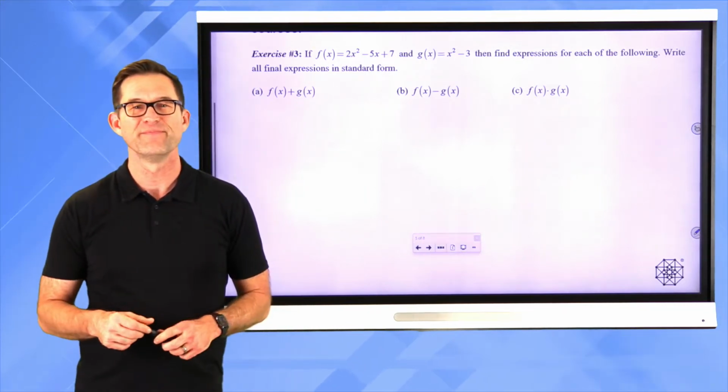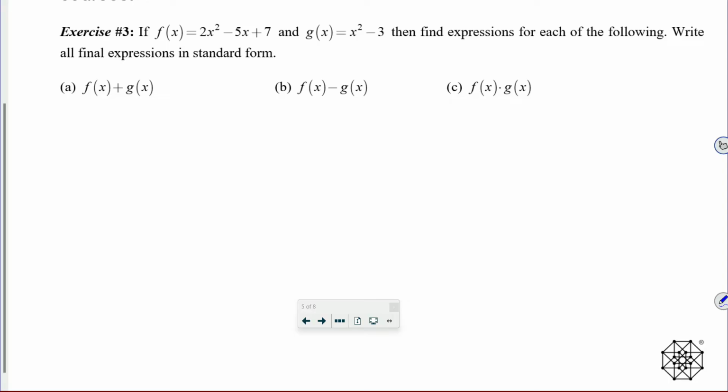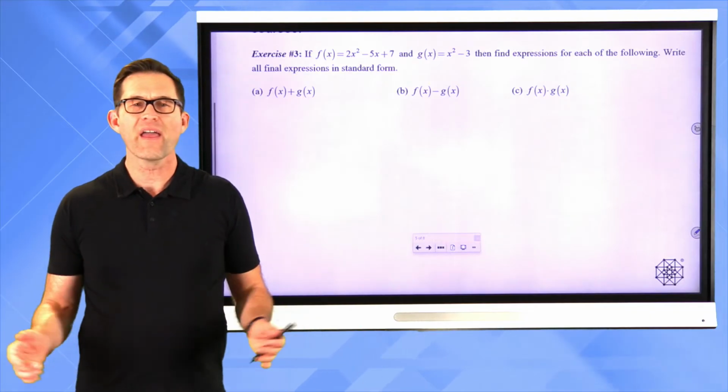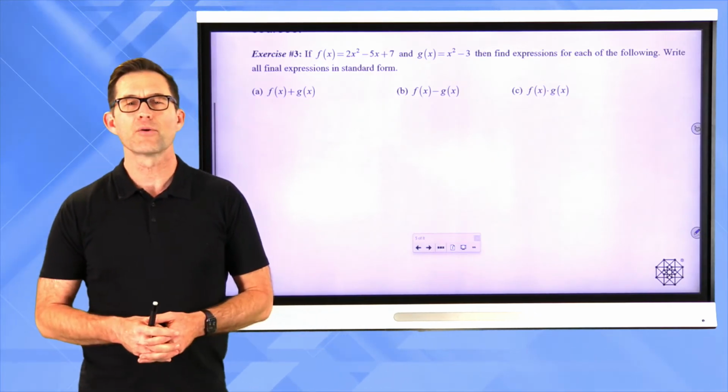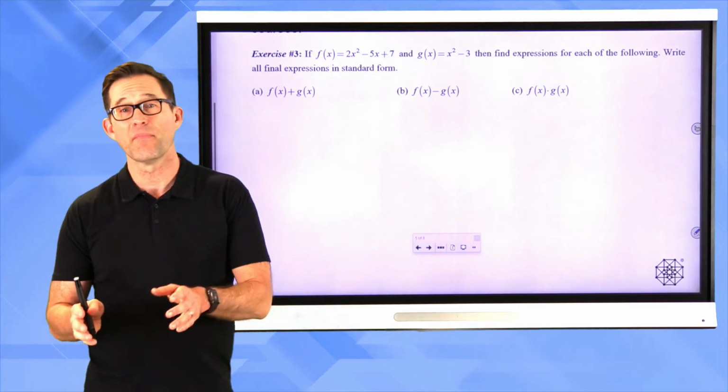Exercise number 3. If f of x equals 2x squared minus 5x plus 7, and g of x equals x squared minus 3, then find expressions for each of the following. Write all final expressions in standard form. So, letter A asks us to do f of x plus g of x. That'll be pretty simple. Letter B asks us to do f of x minus g of x.